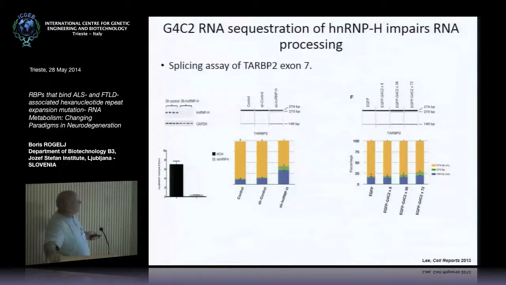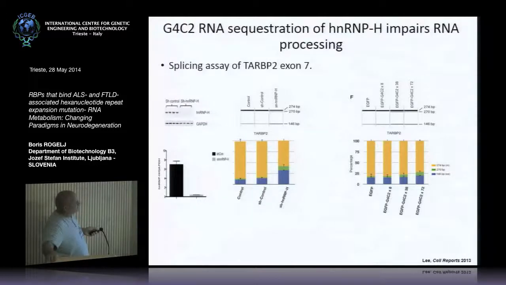And we went to Ljubljana to look at this, and what we saw is that in the knockdown of hnRNP-H, this 274 bp band is the inclusion of the exon, and 146 is the exclusion. So basically, with the knockdown, we have an increase in the exclusion.